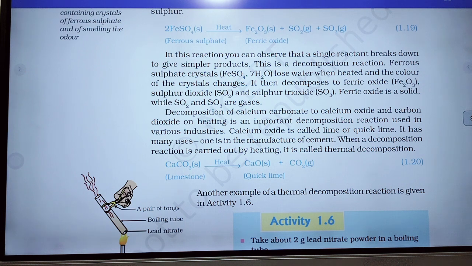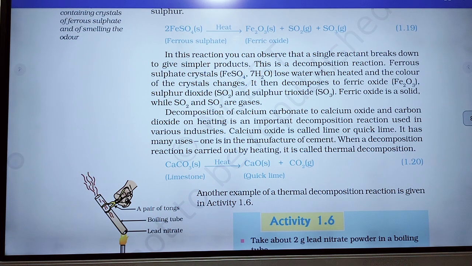In a decomposition reaction, a single reactant breaks down to give simpler products. Ferrous sulfate crystals lose water when heated and the color of the crystals changes.